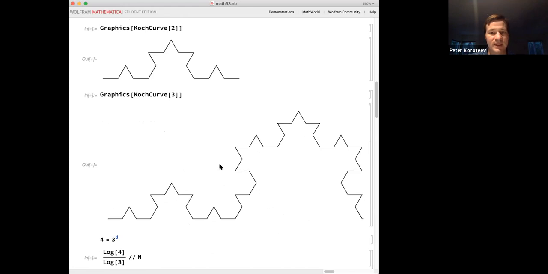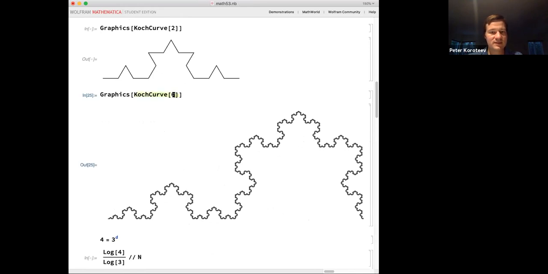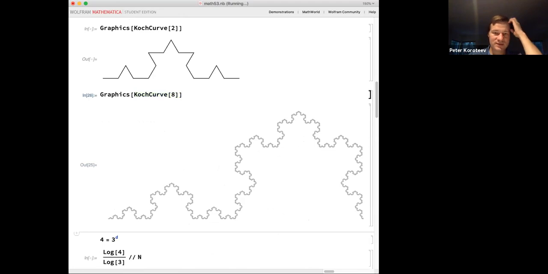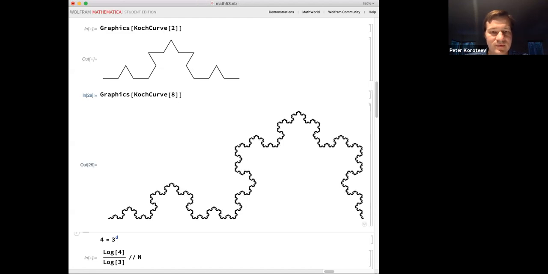And then you keep going, right? So for example, at step 6, you'll get that. You see, it's getting denser and denser and denser. At step 8, it takes a while for a computer to do, but basically, see, it fattens out, right?